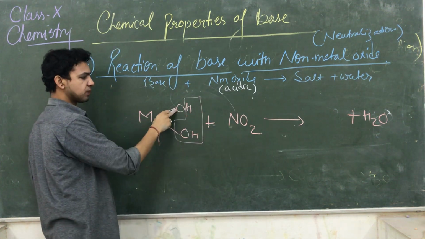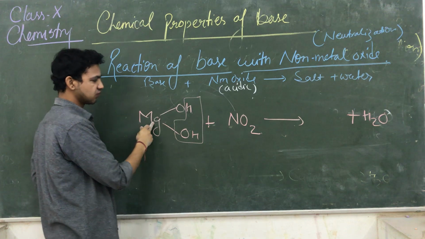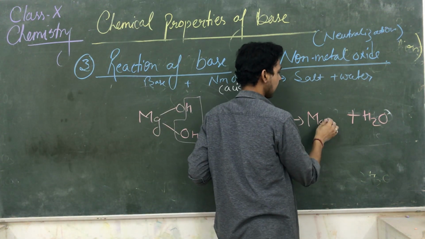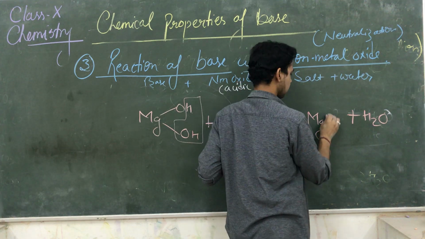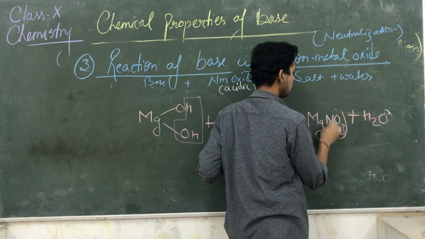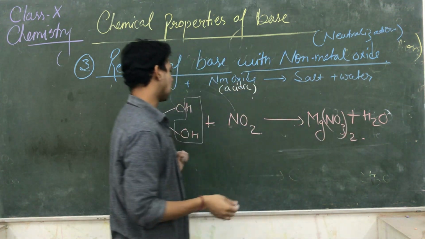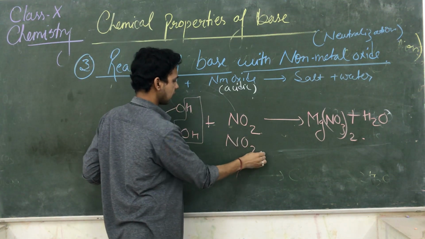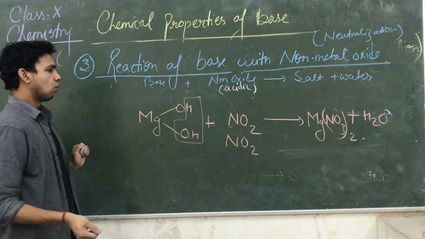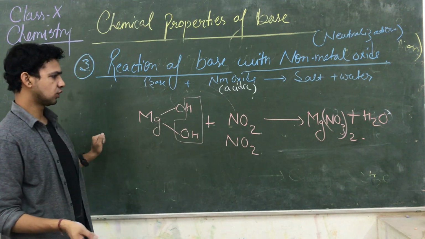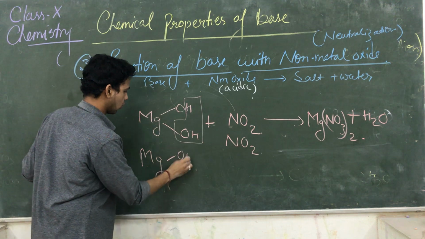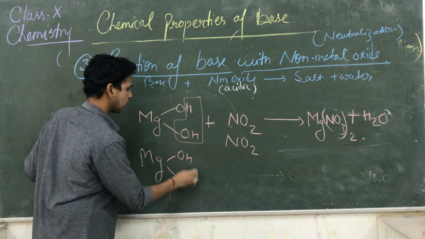Okay, so NO2 plus O gives NO3, and Mg reacts with NO3 to form Mg and NO3 whole twice. How many, so we need 2 NO2, okay, and we need one more OH.